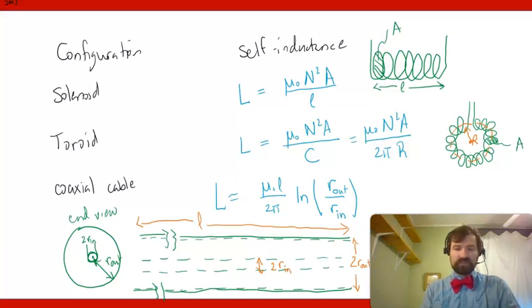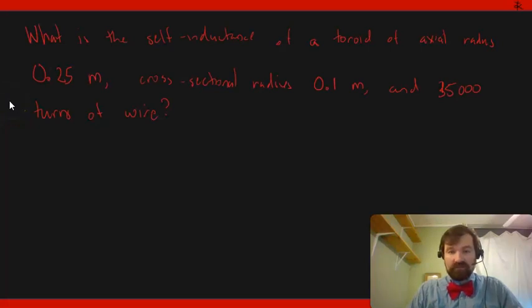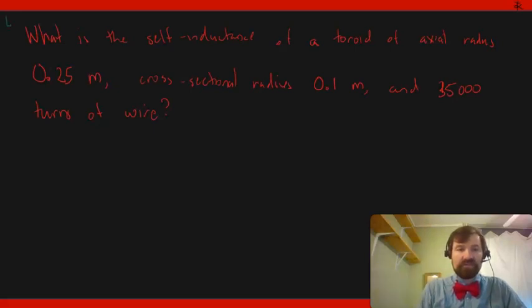Let's finish with a quick example. All right, so we have a toroid, and we want to determine what its self-inductance is given some basic parameters of the toroid.